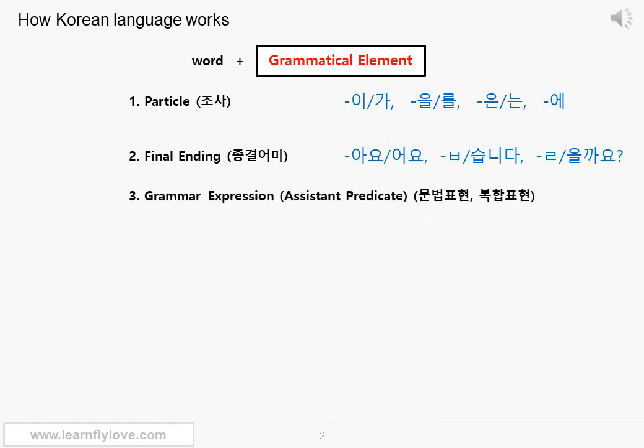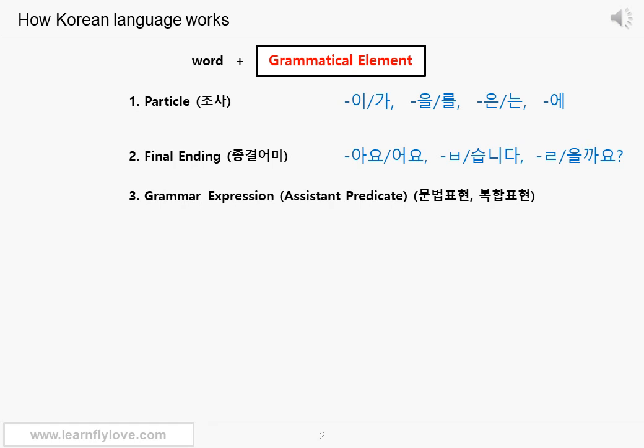Next, grammar expression, or some people might call it compound expression. 문법 표현 or 복합 표현 in Korean. 문법 means grammar. 복합 means compound.